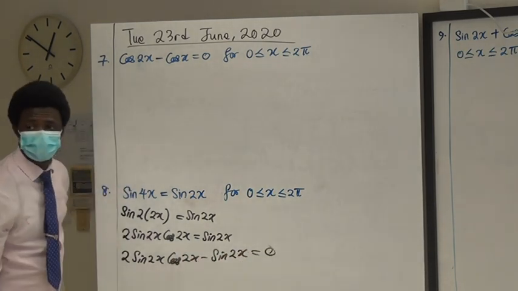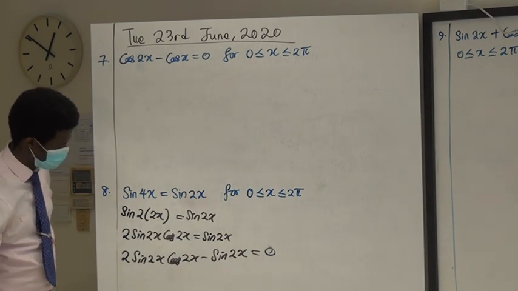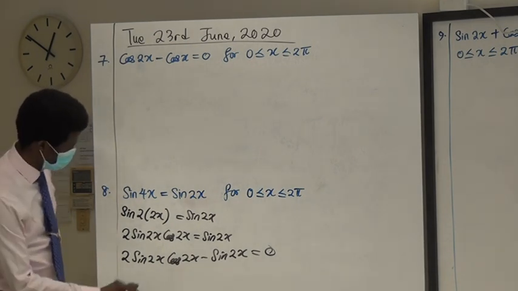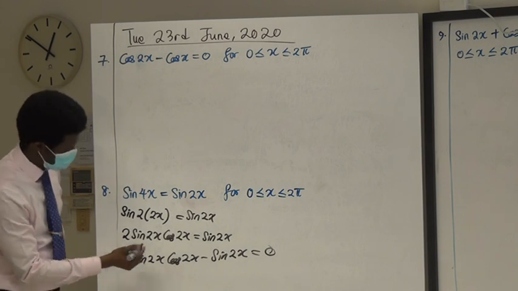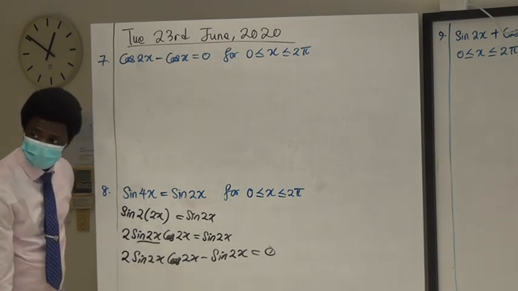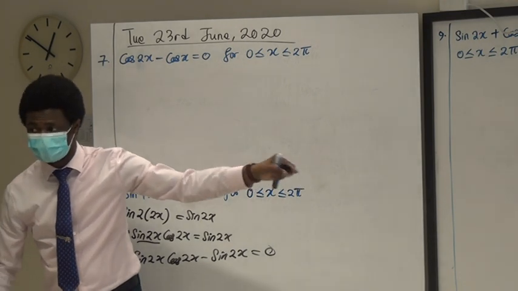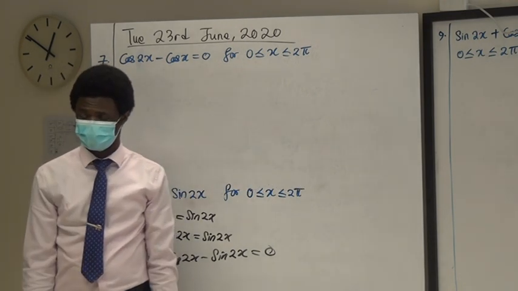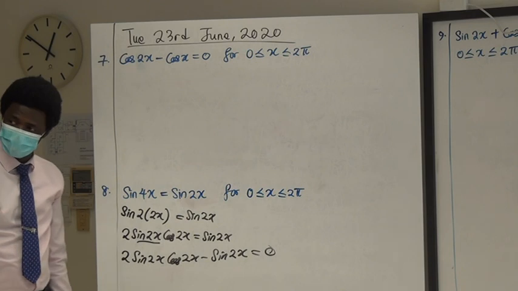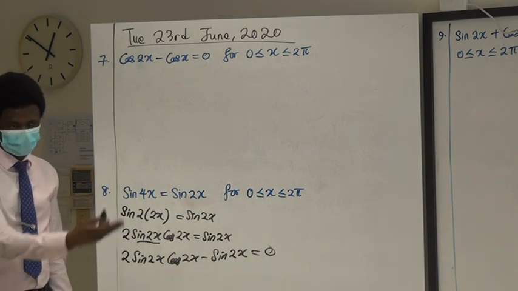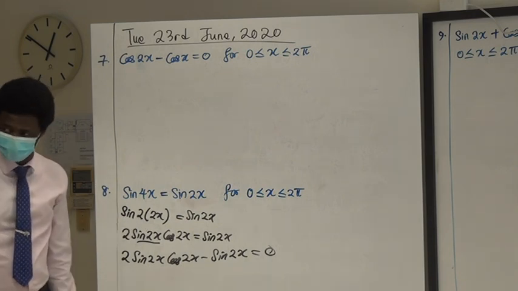Can you explain again why we can't cancel or divide out the sine 2x? Because sine 2x could be 0. Sine of any angle cannot go beyond this range, and 0 is within that range. So whenever something could be 0, we can't divide. Just like dividing by 0, which doesn't exist.